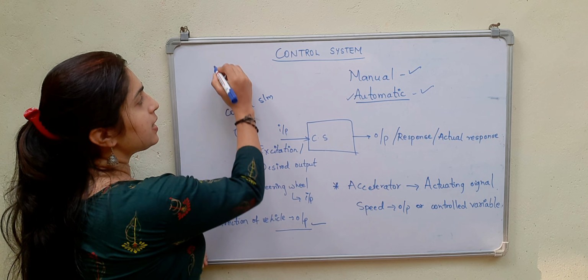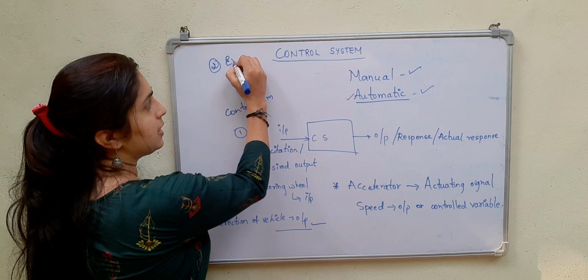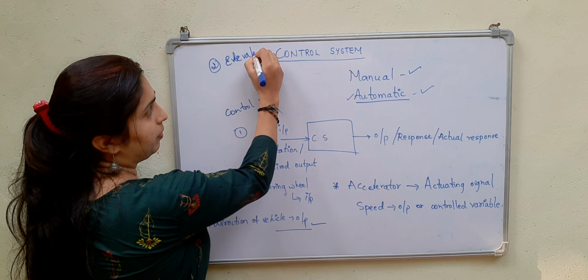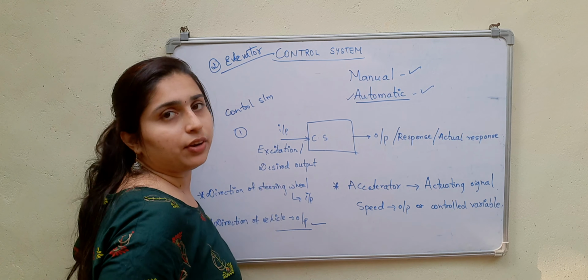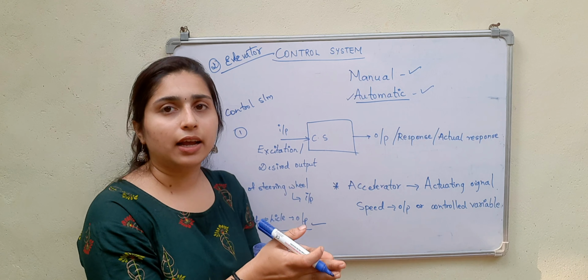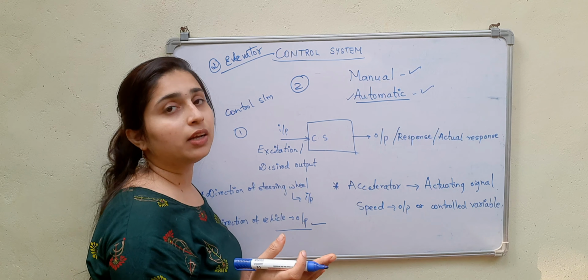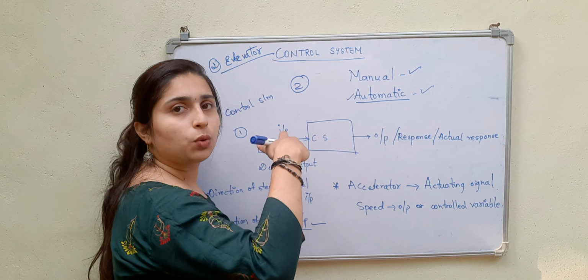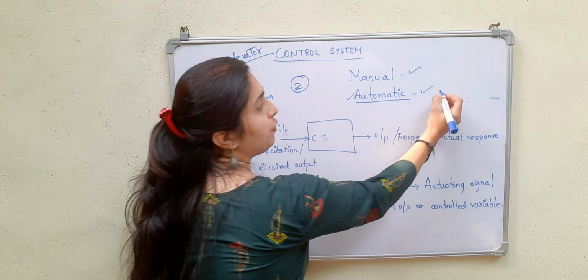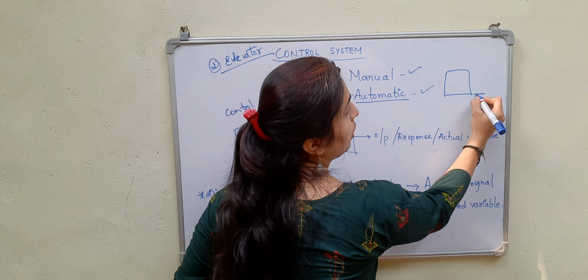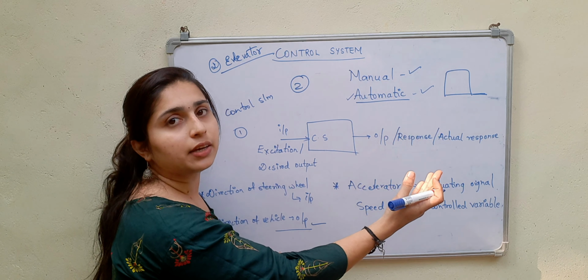The next example is the elevator. What happens when you get inside the elevator? You press the second floor button, and the lift stops at that particular floor. That will be your desired output.